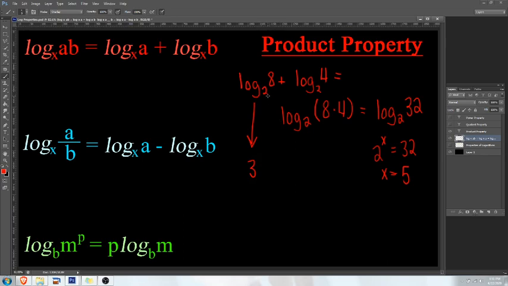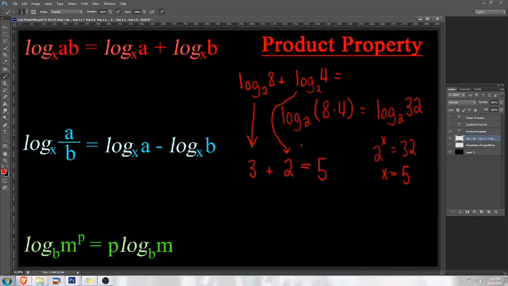So log base 2 of 8 is 3, and so what power of 2 equals 4? So 2 raised to what power equals 4? Well, that's 2. So what I actually have here is 3 plus 2, which equals log base 2 of 32, which we just saw is equal to 5. So 3 plus 2 is 5. Does that make sense? Yes, it does.